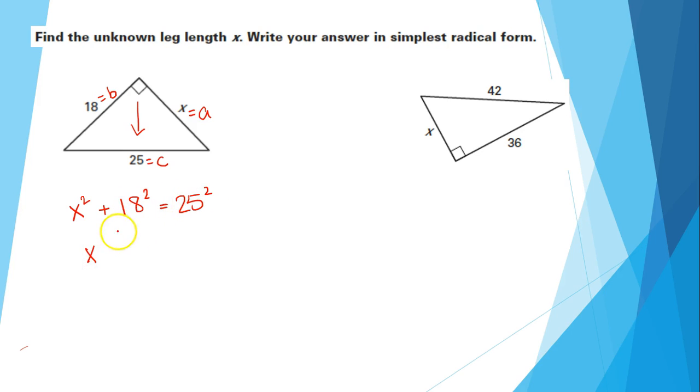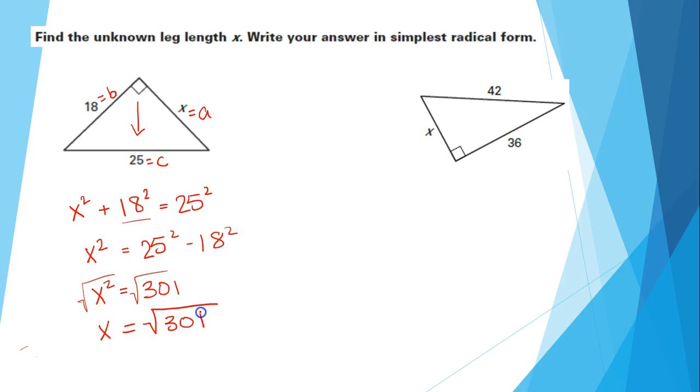So square these numbers, subtract 18 squared from both sides of the equation. I'm just going to go ahead and write it out. And 25 squared minus 18 squared is 301. Take the square root of both sides of the equation, and you get x is equal to the square root of 301. 301 does not reduce at all.